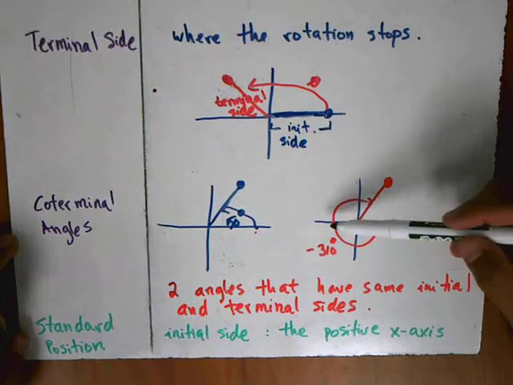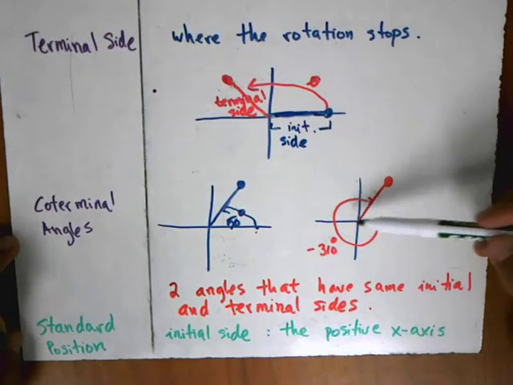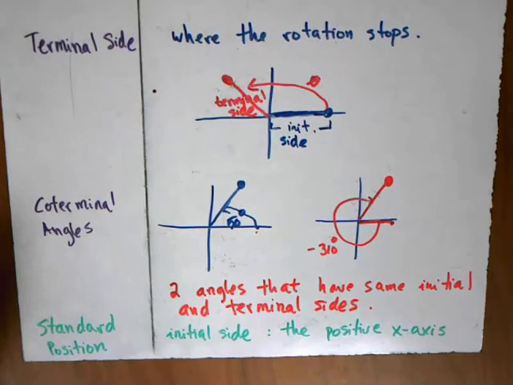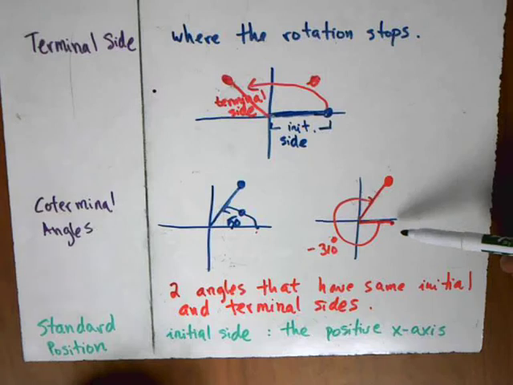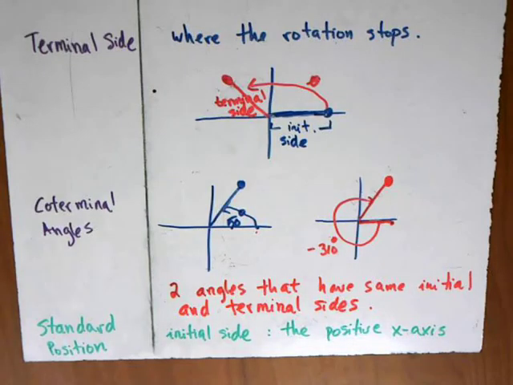Sometimes we'll say, let's start over on the left side and rotate it up here or down here, and that's all okay. But the standard, and what that means is that if you don't hear or see any specification about where to start, just start at the positive x-axis and you will be okay.